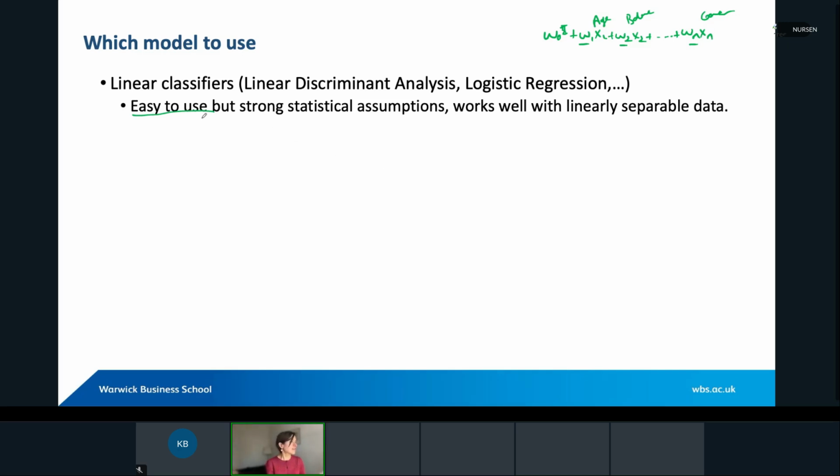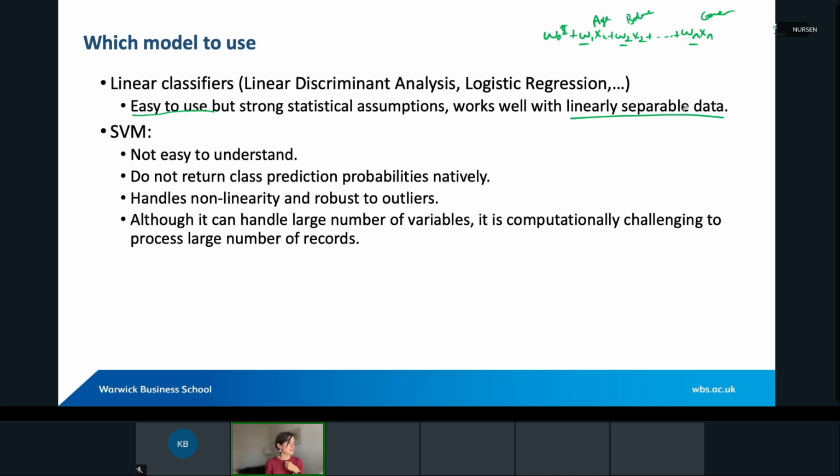So they are interpretable and easy to use, but they have strong statistical assumptions. They assume points are normally distributed, and they work well on linearly separable data. As I mentioned, SVM can handle nonlinearity. On the other hand, linear classifiers struggle with nonlinearity.